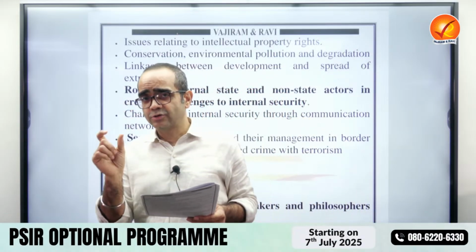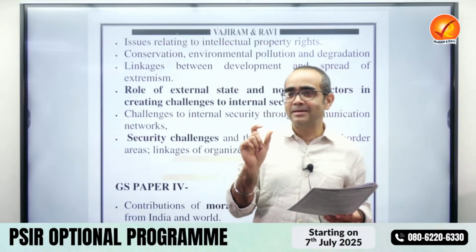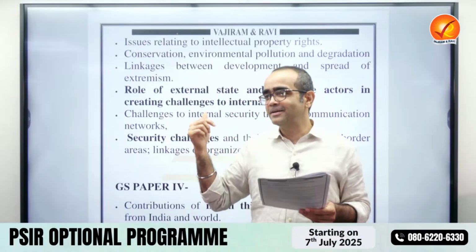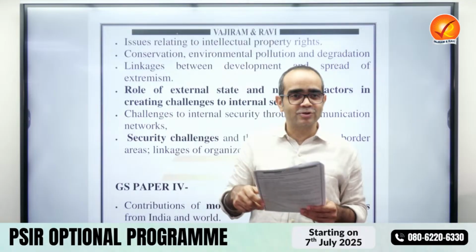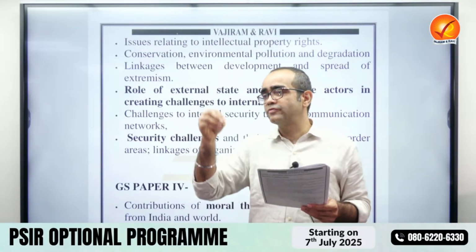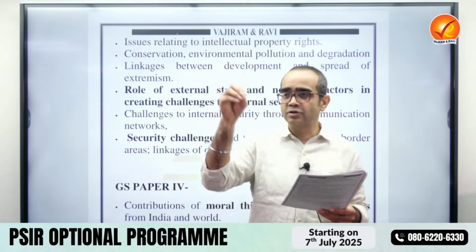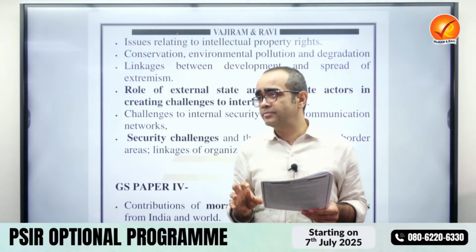We'll be discussing secularism in India. As you know, there's a lot of debate going on about the changes made by the emergency regime in the Indian preamble, and our vice president has also commented. So in the entire context, you have to understand the role of religion in politics, the role of caste in politics, and the role of ethnicity in Indian politics.